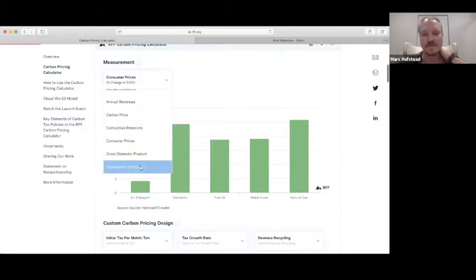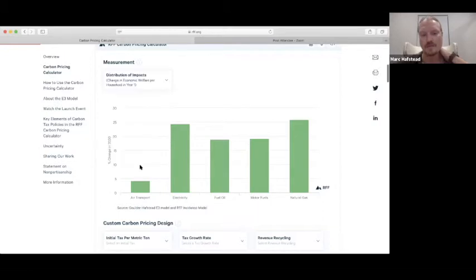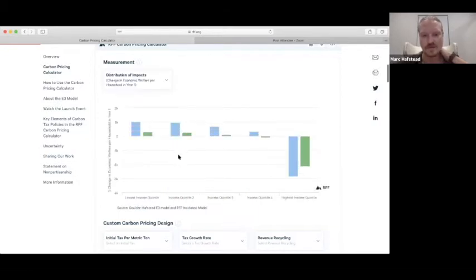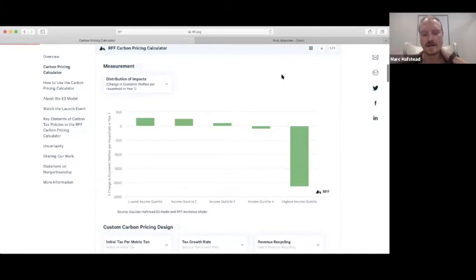So I'm going to skip past GDP for a second and go to distribution of impacts. People like to talk about how a carbon price raises prices, and therefore it's going to make the lowest income households worse off. But there's a lot of evidence that that's actually not the case, and the result especially depends on what you do with the revenues.